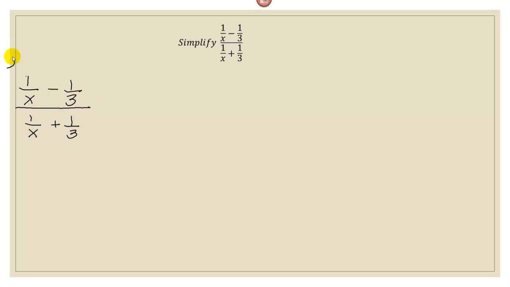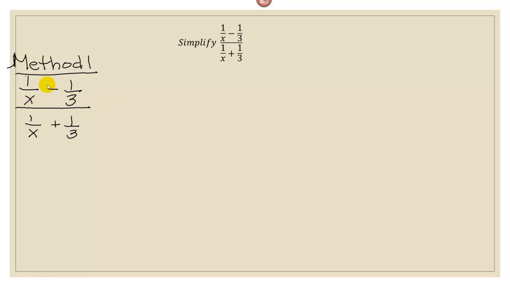And again, even though I prefer method 2, I'm going to use method 1 over here. And the idea behind method 1 is we need to have a single fraction on the top and a single fraction in the denominator. So let's do that. To make this a single fraction in the numerator, we need to find the LCD of the numerator, which would just be 3x.